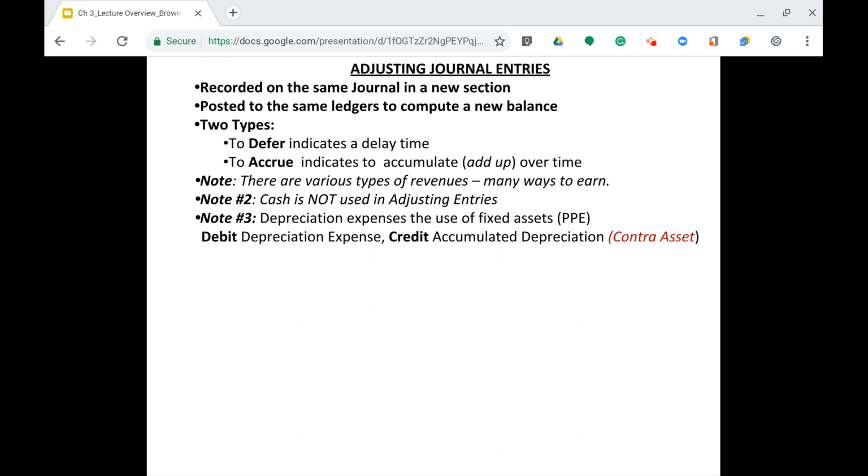Land is something you do not depreciate. It appreciates. So we will not do anything with land. You will do more things with things like land when you take intermediate accounting. So here we only focused on buildings, properties, trucks, equipment, machinery, stuff like that.